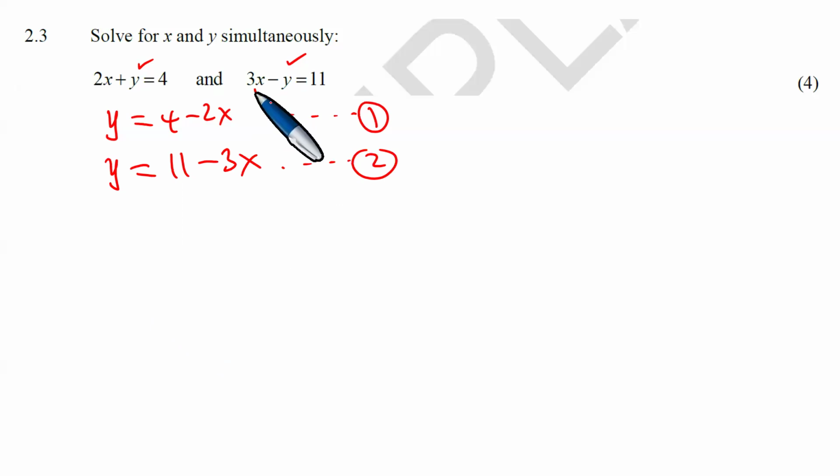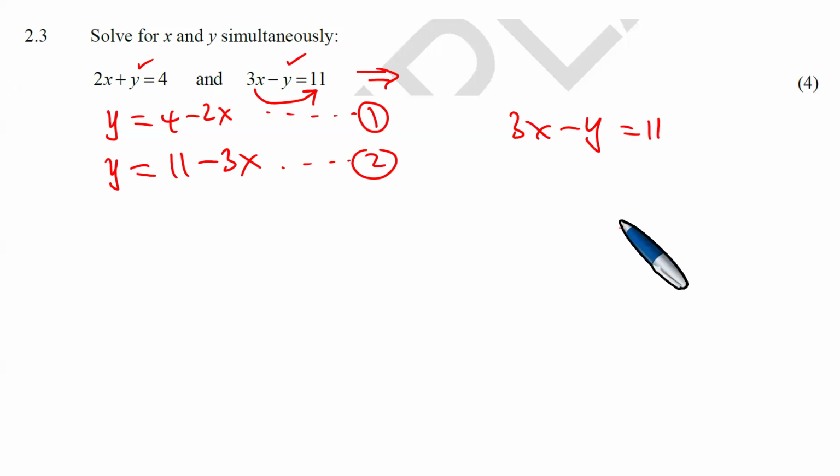So you move this across the equal sign, and it then became -3x, which is correct. And if you have 3x minus y equals 11, then you transpose this one, and it becomes 11 minus 3x. What are you left with on this side?